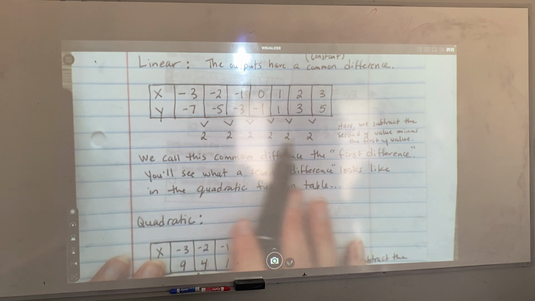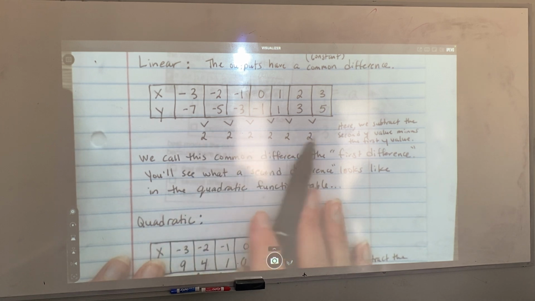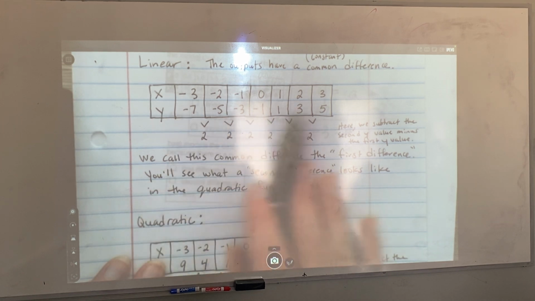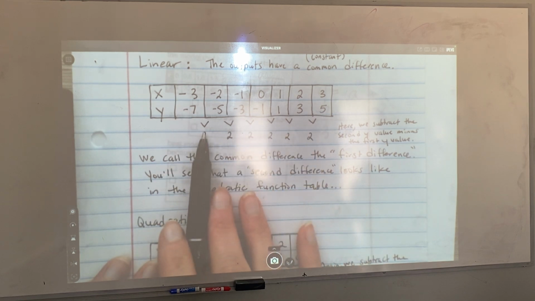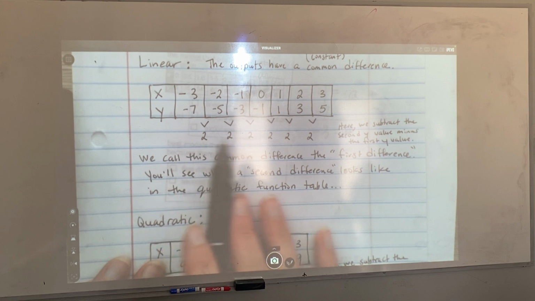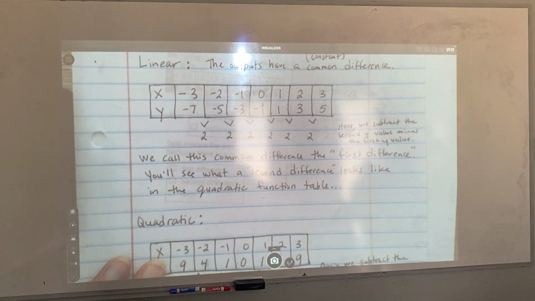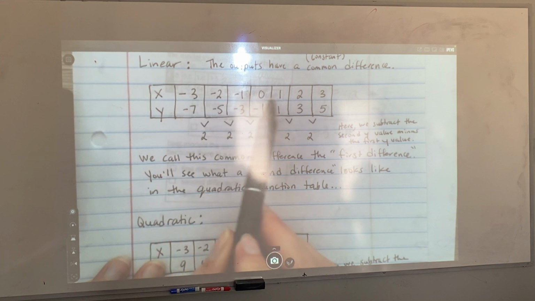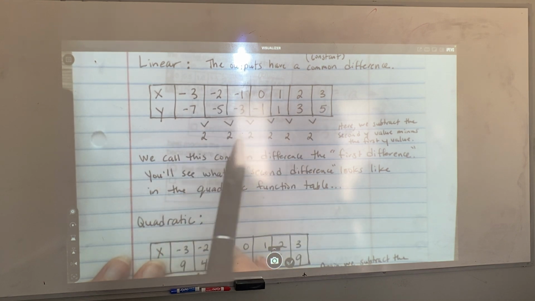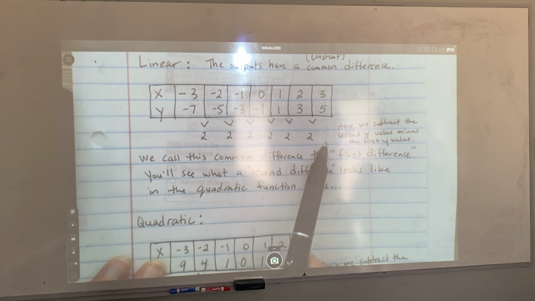Now, I will talk about what a second difference is in the next table. But here, we can define or identify this table as a linear function table because we have proven that there is a first difference, and that simply means it's a constant or common difference, which is a slope, right? So we're adding 1 to each input and adding 2 to each output.